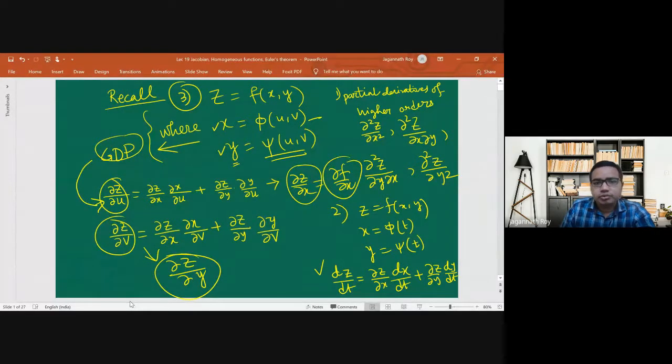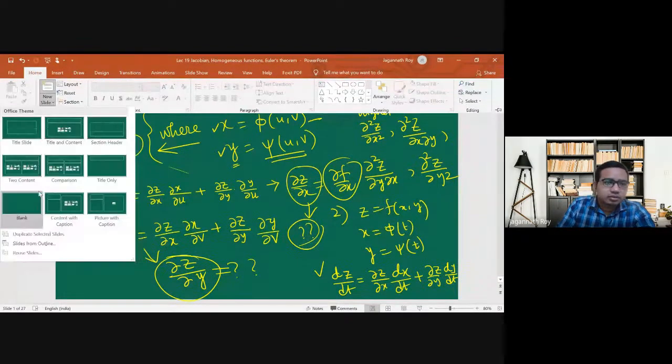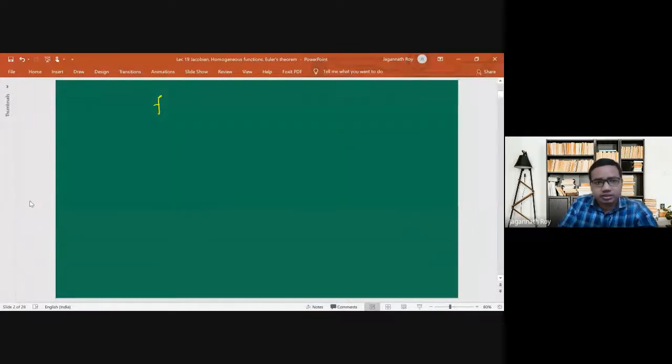So today we are going to find out this value with the help of one new entity, which is called Jacobian. But before I go forward, let me show you one example where del 2 f del x del y and del 2 f del y del x are not equal.